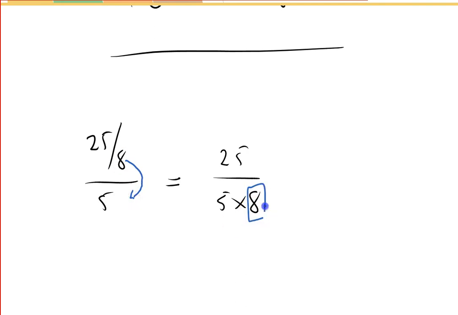So 25 over 8 over 5 is 25 over 8 times 5. The reason for that is, as I said above, that we're multiplying the top and the bottom by the 8, and of course the 8 cancels off the top and stays on the bottom. So it looks like that 8 has just magically migrated from this part here to down here. Okay, I'm going to stop there.